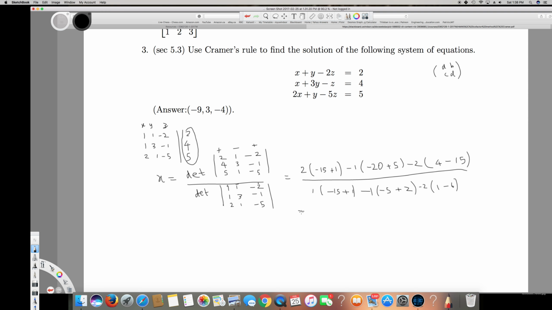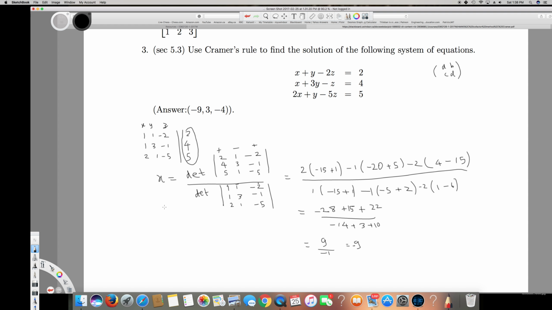If I solve the top one, it becomes minus 14 times 2, minus 28, plus 15, and the next one is 22 over minus 14 plus 3 plus 10. We end up with this, and finally if I solve, it's going to be 9 over minus 1. This is how they got minus 9 for the x component.